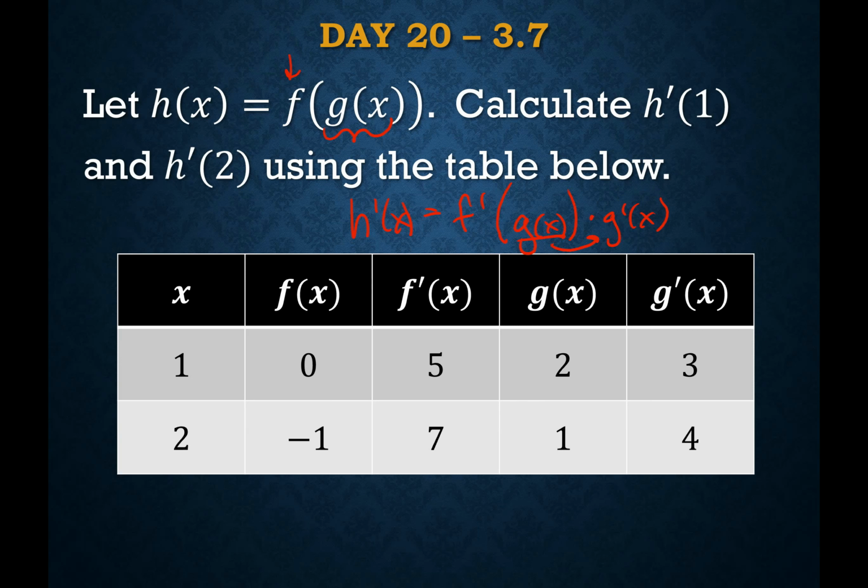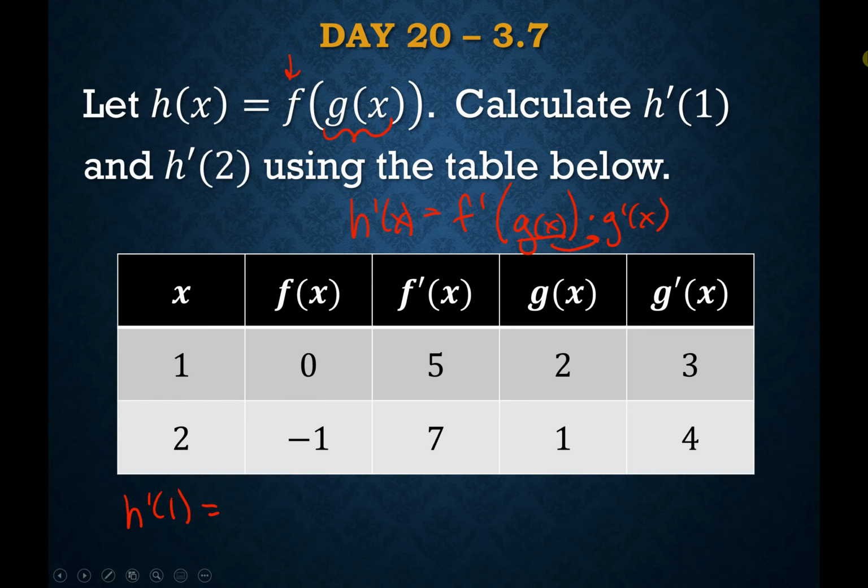I bet we can do the math now, right? You work with the bottom of the screen here. We need to go ahead and find h prime of 1. We're going to have f prime of g of 1 times g prime of 1.